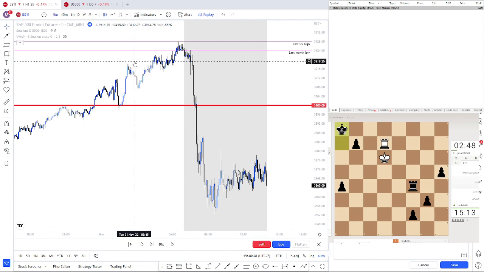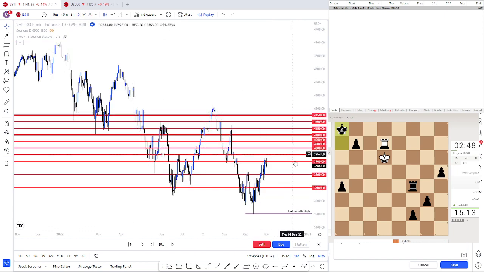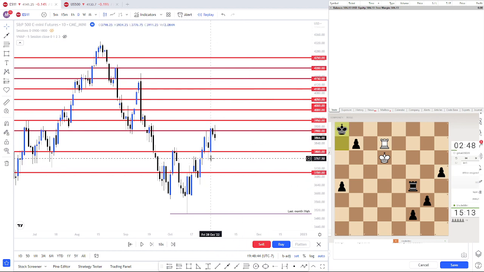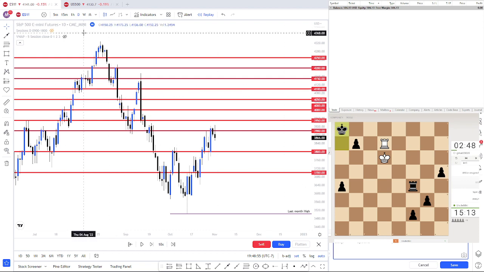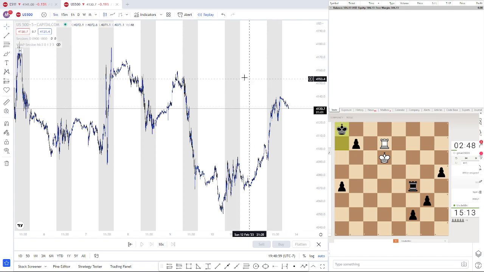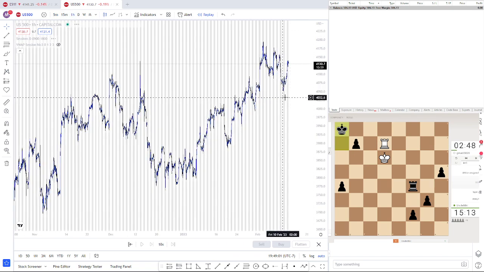All right, let's go to the daily. What is price action looking like? Well, we are uptrending and bearish price action for the day. Bearish. All right, let's go to 1 hour.